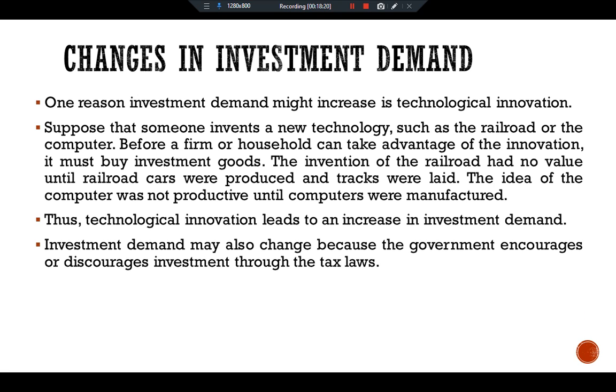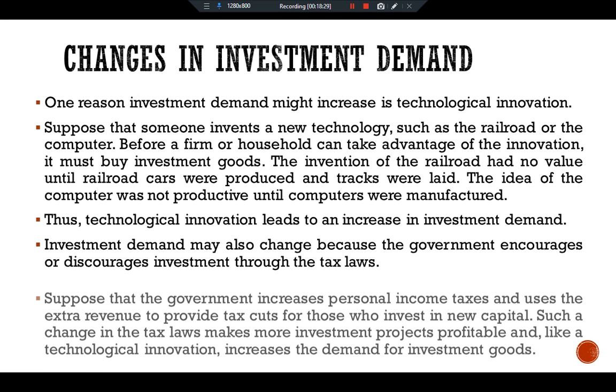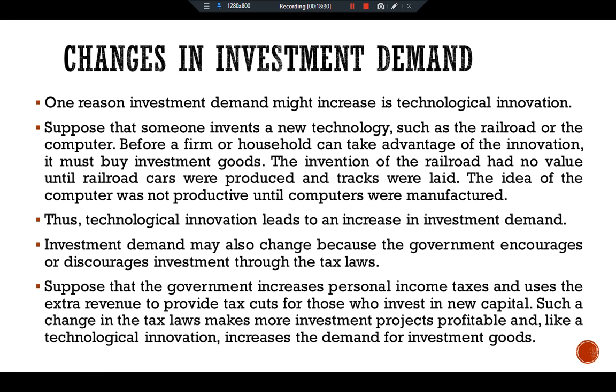Investment demand may also change because the government encourages or discourages investment through the tax laws. Suppose that the government increases personal taxes and uses the extra revenue to provide a tax cut for those who invest in new capital.